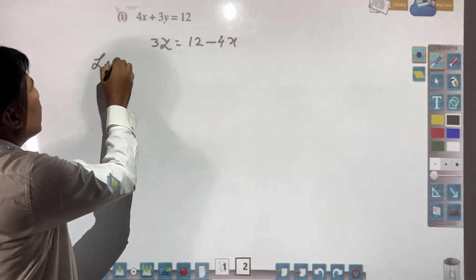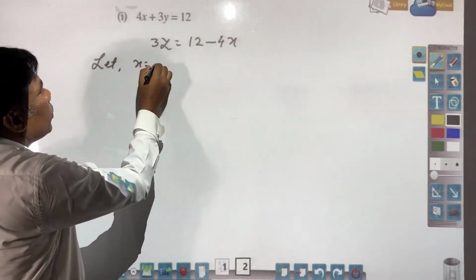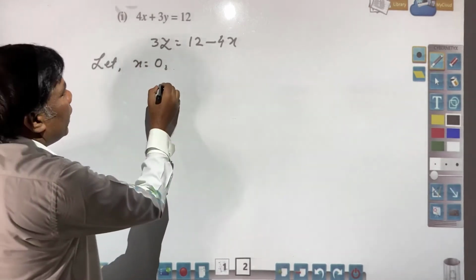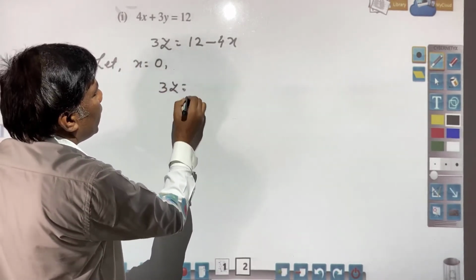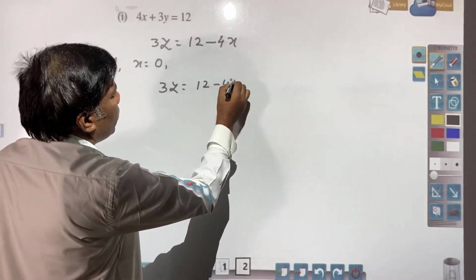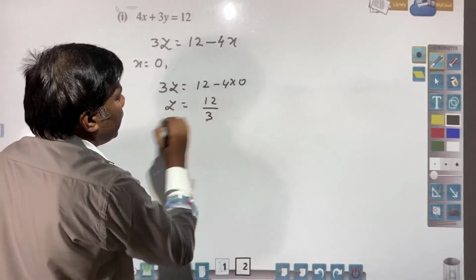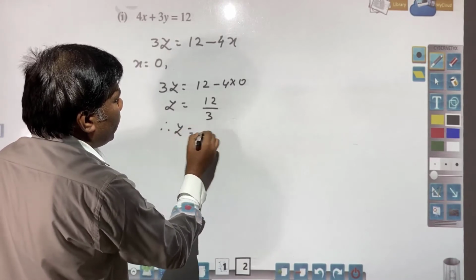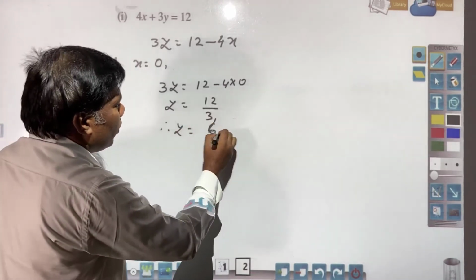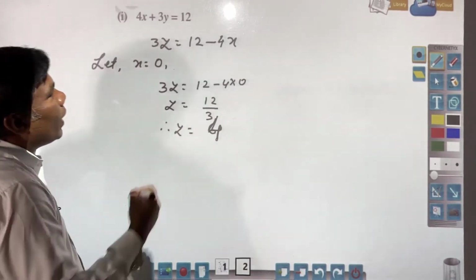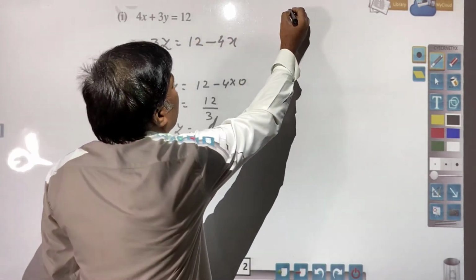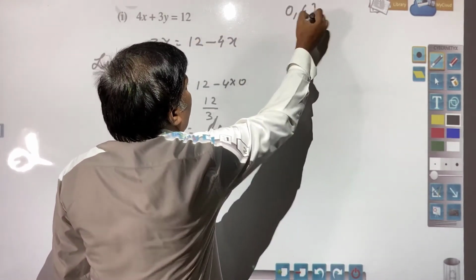Now let x is equal to 0. Then y will be what? 3y is equal to 12 minus 4 into 0. It means y is equal to 12 by 3 and therefore y will be 4. So one solution you have got is 0 and 4.